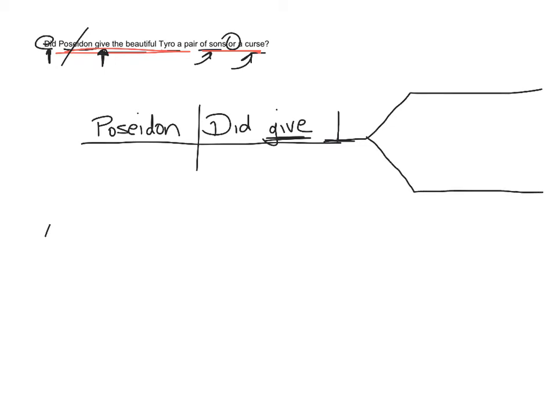And I'm going to say, okay, we have an "or" as our conjunction. Poseidon did give, well, what's the actual subject here? So, a pair of sons or a curse. Curse is easy, that's my second one.